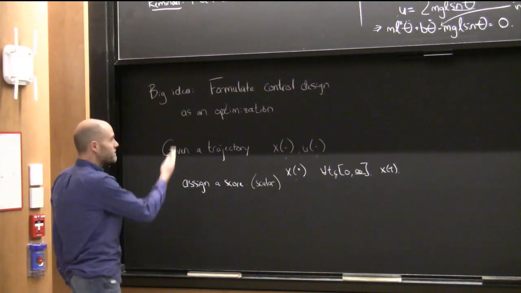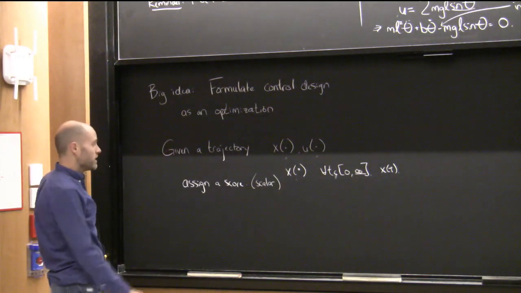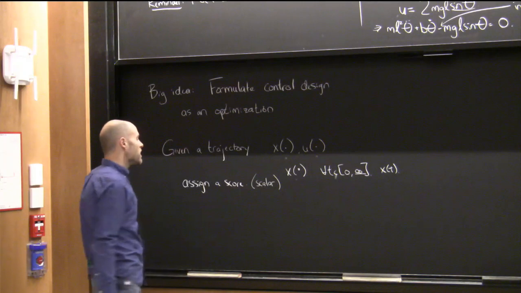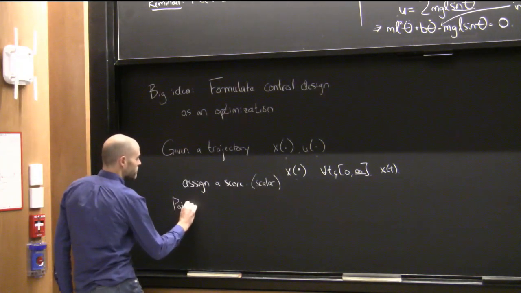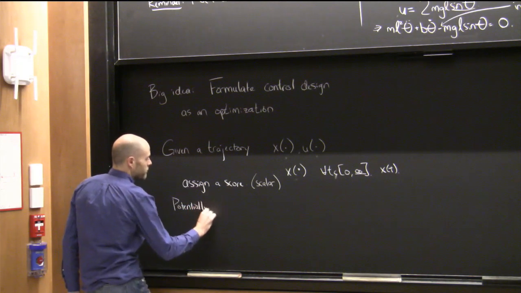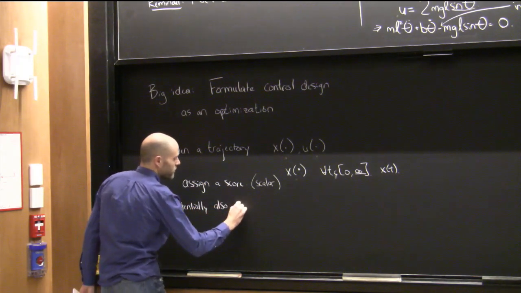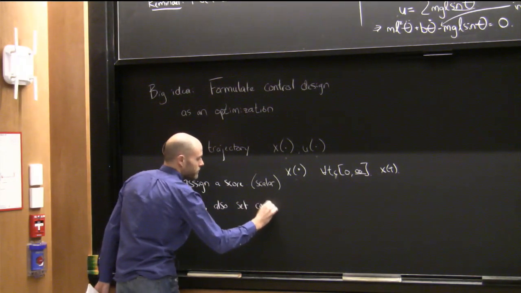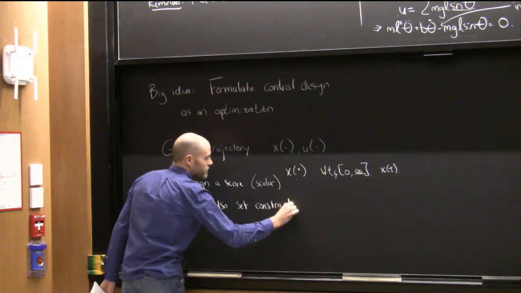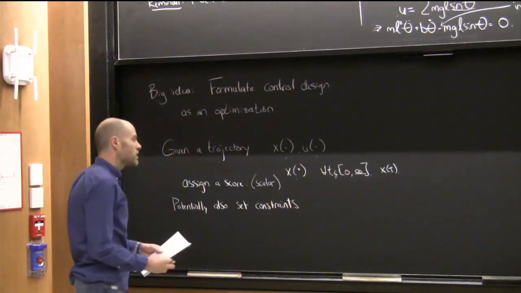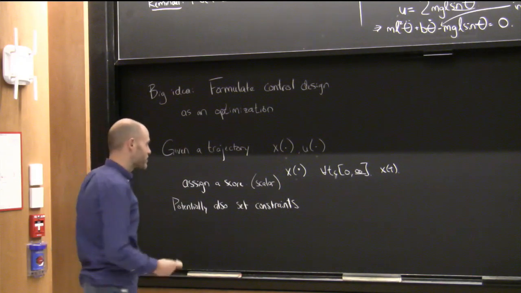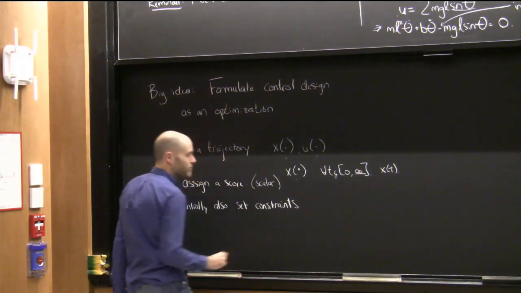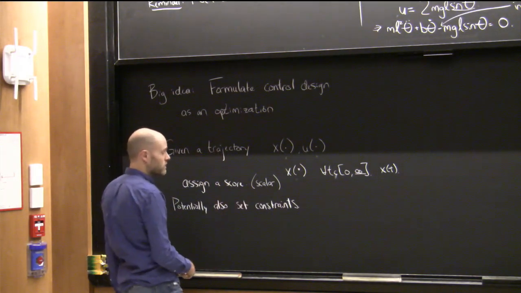The other tool from optimization is, in addition to assigning some objectives, we can also use constraints, which says that I'm going to disqualify any trajectory that doesn't satisfy some constraint.